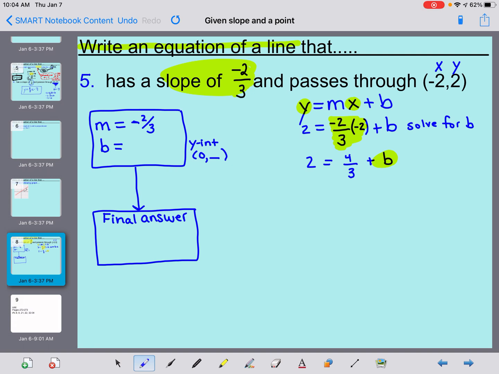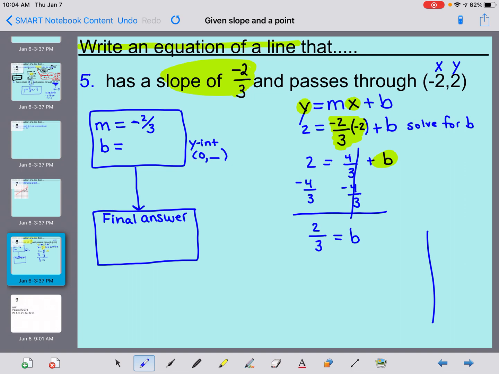So how do we get rid of the 4/3? We're going to subtract it. If you subtract from one side, you have to subtract from the other side. So 2 minus 4/3, right? You can use a calculator or do it by hand. It's 2/3. That's like 0.6.